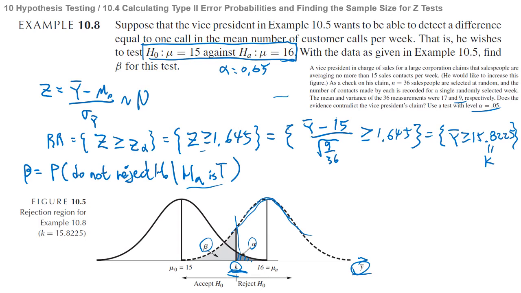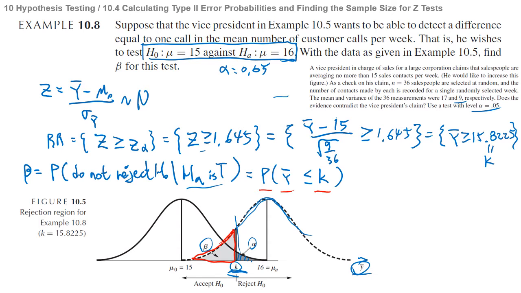Not rejecting would be the probability that y bar is less than or equal to k. So we want to calculate this probability, which is the probability that y bar is less than or equal to k.